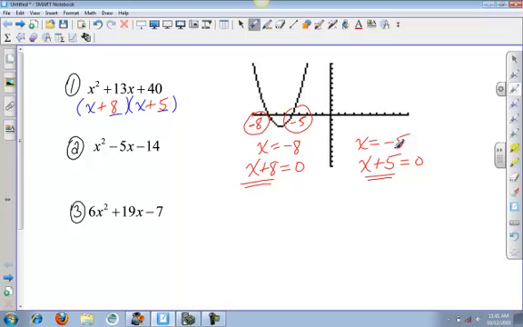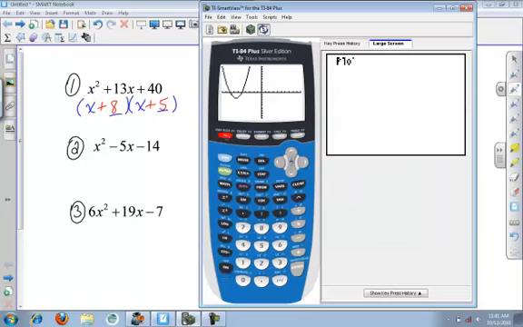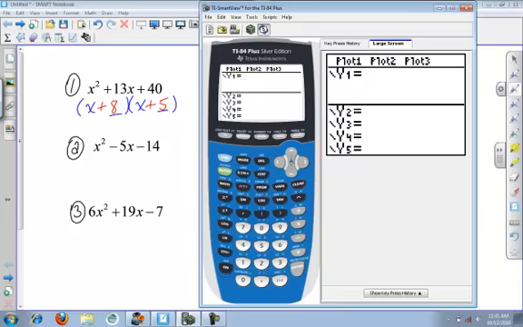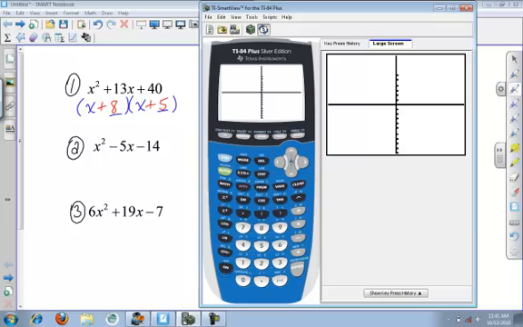So if we're going to try to factor x squared minus 5x minus 14, I'm going to pull out my calculator again. Start by graphing the equation, x squared minus 5x minus 14. We'll try the standard viewing window again. Now we don't see the whole polynomial, but that's honestly not important. What is important to us is those x-intercepts.